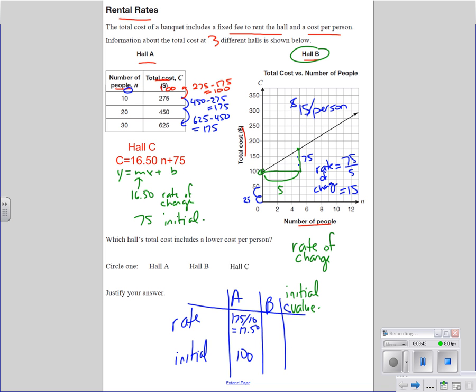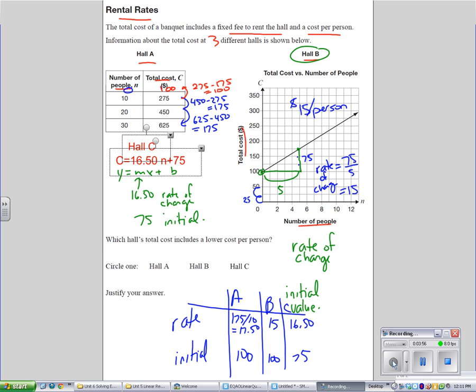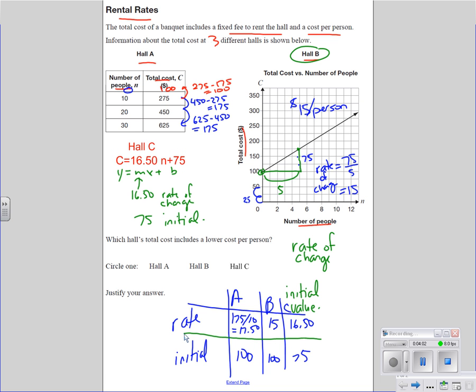B has a rate of change of $15 per person with an initial value of 100, and C has a rate of $16.50 per person and an initial value of 75. So with my summary table, I can see that the cheapest rate or cost per person is in fact B. I can also see that the cheapest starting value is in fact C at 75.